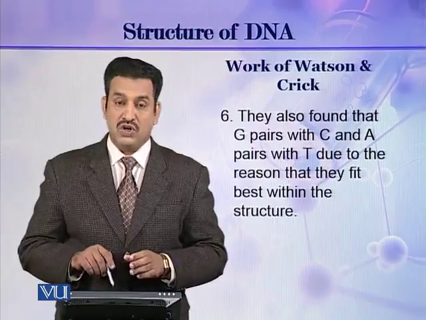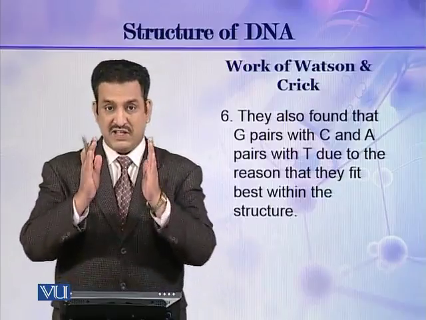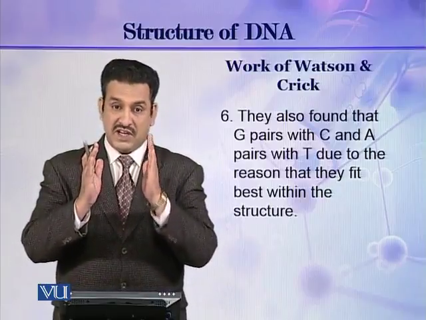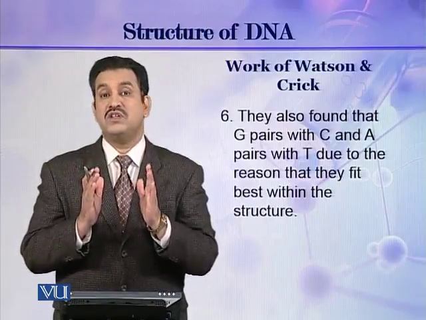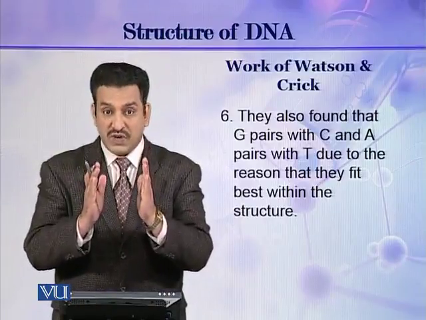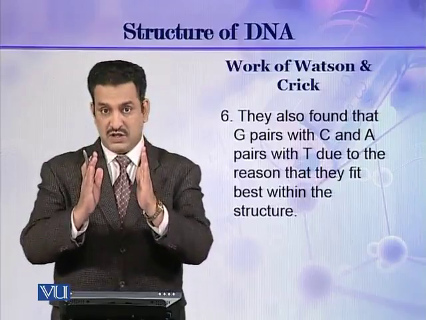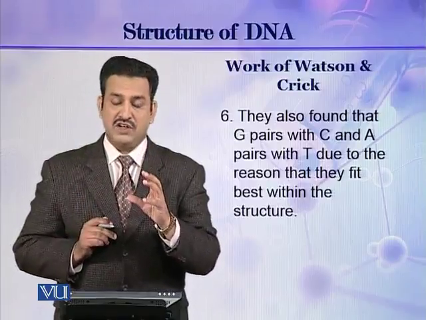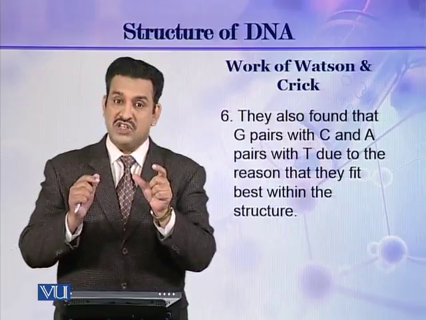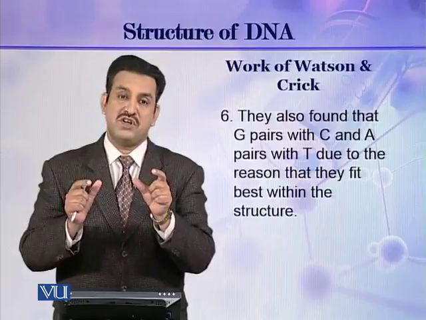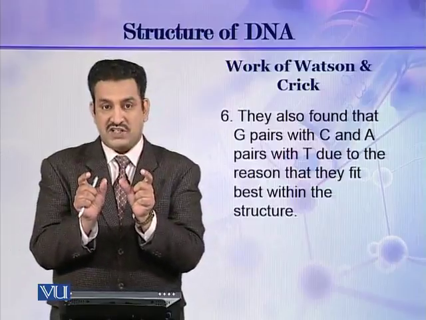Why? Because in a uniform helix, if A joins with T and G joins with C, they best fit in this helix. A, adenine, is a purine which is of larger size, and T, thymine, is a pyrimidine which is of smaller size.